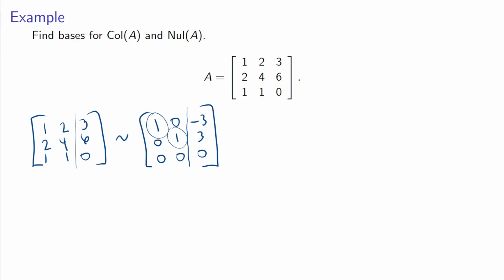What we could see here is that we have shown that the third column can be written as a linear combination of the first two columns. So if I call this v1, v2, v3, what we have here is the fact that negative 3 v1 plus 3 v2 equals v3.